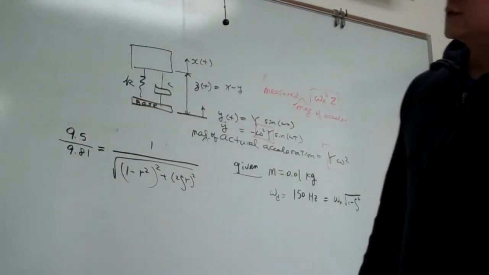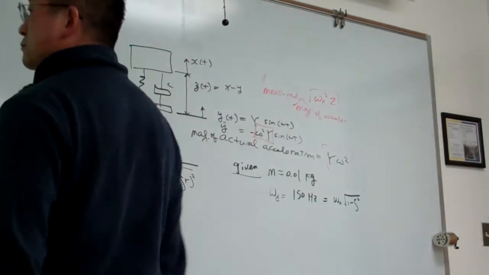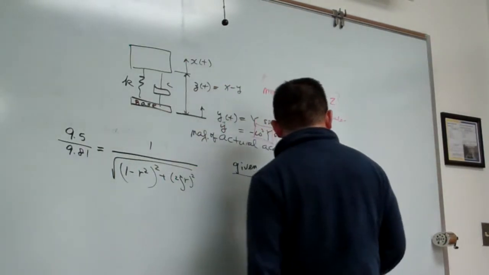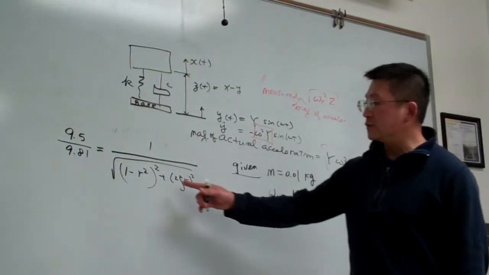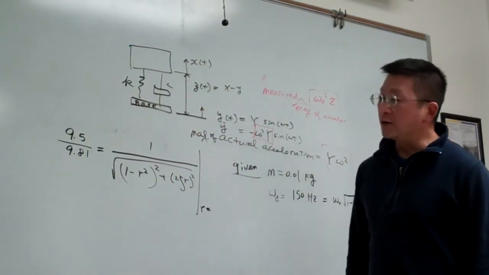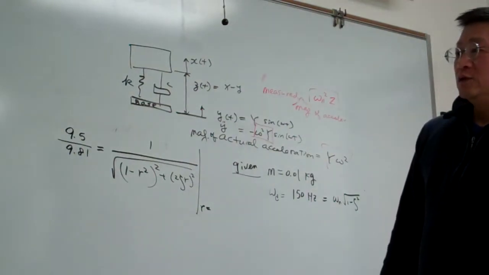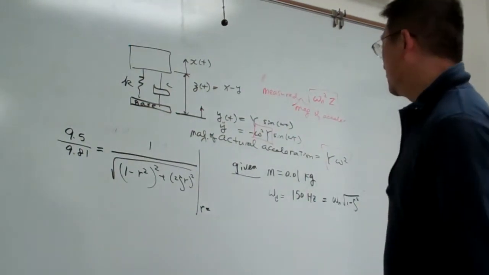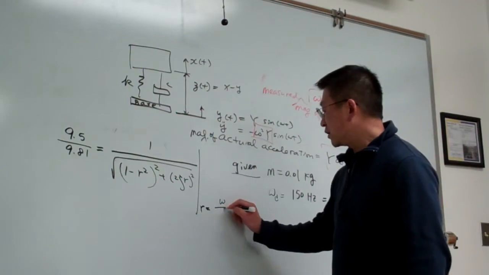We want to determine the stiffness. From here we have the relations, and we know what r is. We don't know r, right? We know r equals omega divided by omega n.